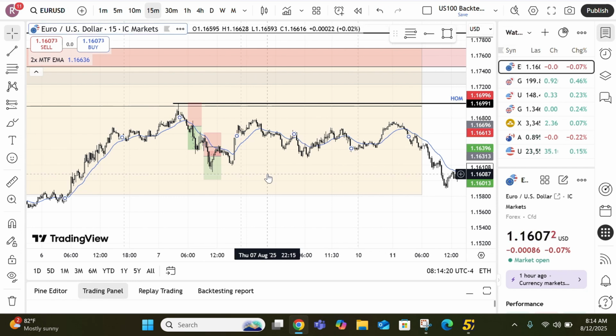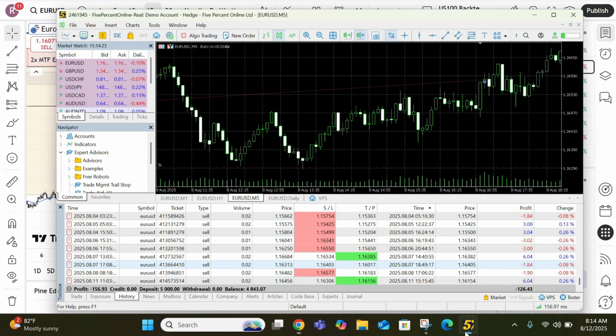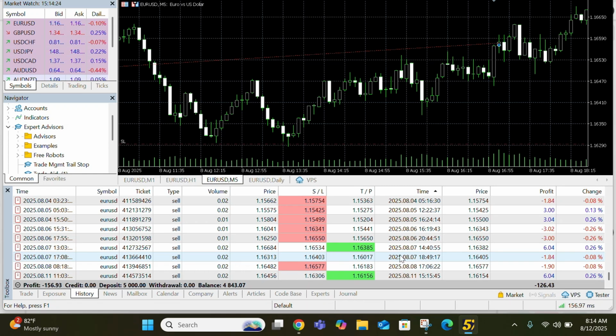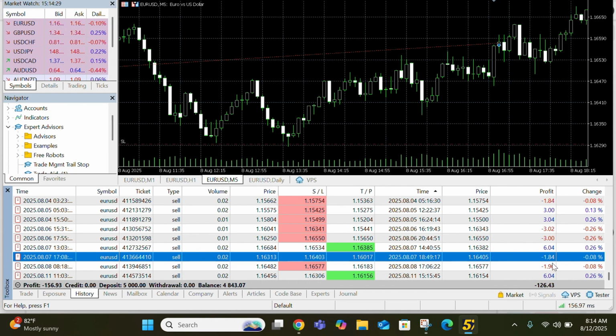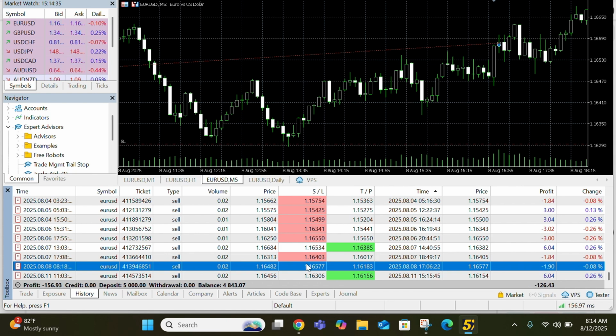All right, and then let's see the other trade. This one is on, so this is it here, this 1.84, right? The other trade for 1.16482, and I was on the 8th, 1.16482.